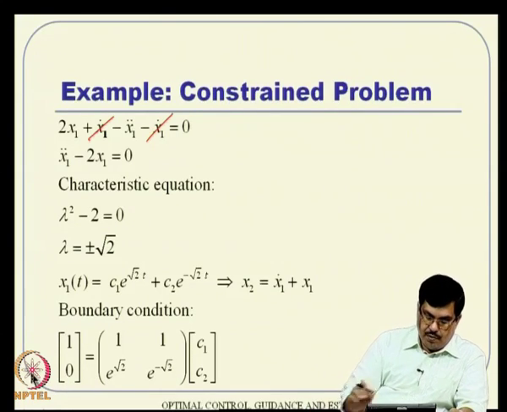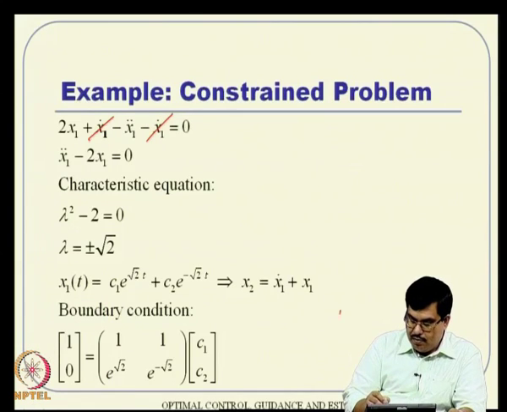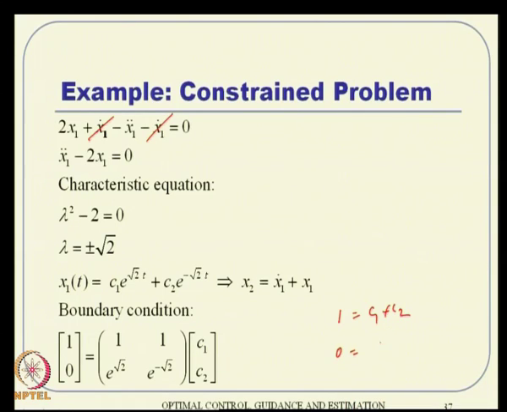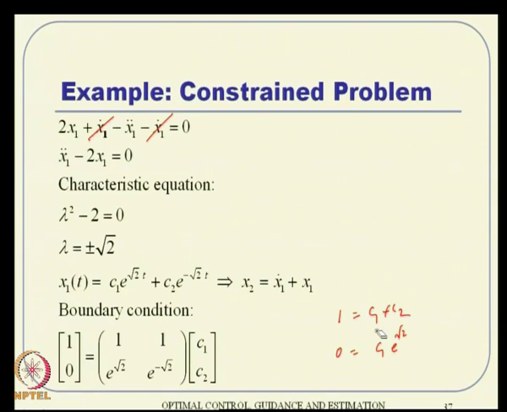Or if you are not comfortable, you can just write these equations again. The first equation leads to 1 equal to c1 plus c2, and the second equation leads to 0 equal to c1 e to the power root 2, because root 2 times 1 is what it will turn out to be, plus c2 e to the power minus root 2.